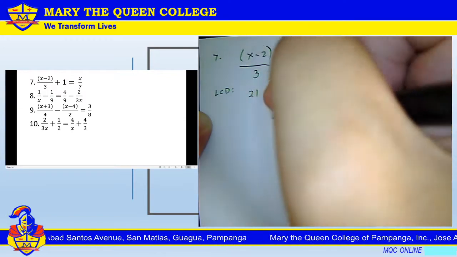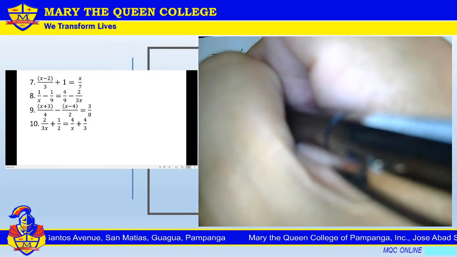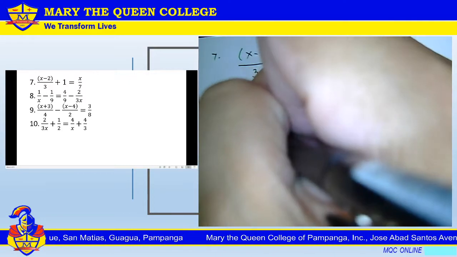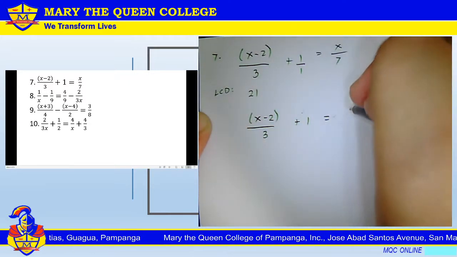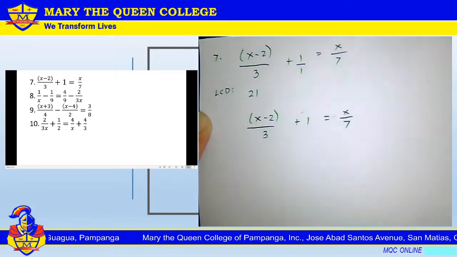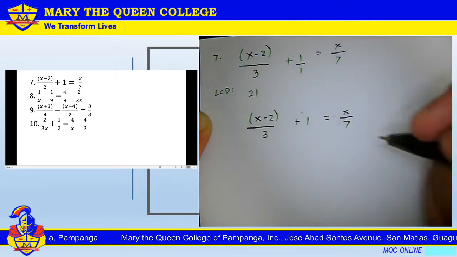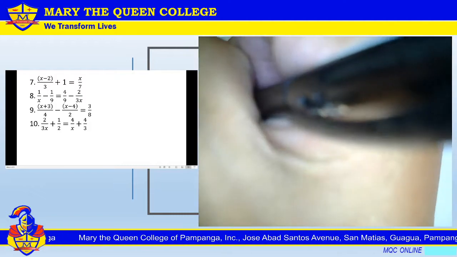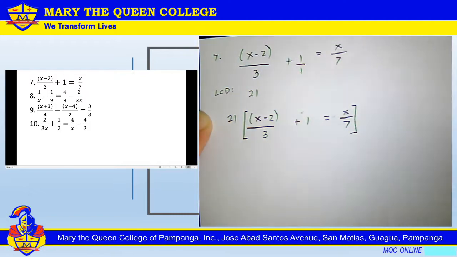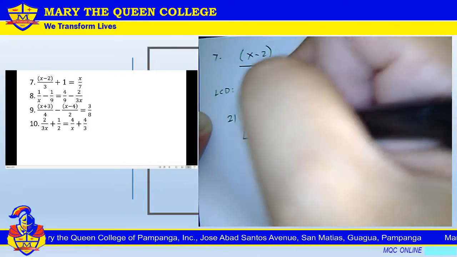Okay, so this would be our multiplier for the equation. Then we have x minus 2 all over 3 plus 1 is equal to x over 7. So from here, we have to multiply the whole equation by the least common denominator, which is 21. So 21 divided by 3, that would be 7.